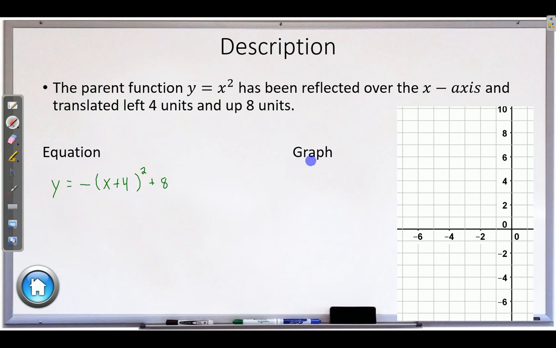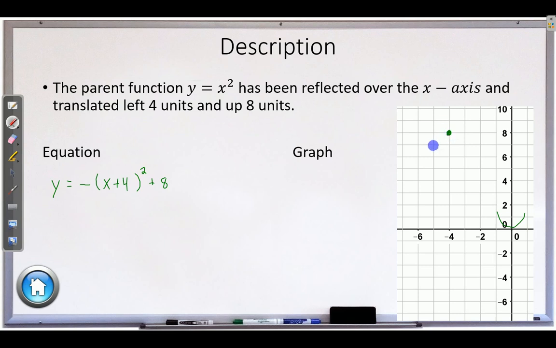All right, now time for the graph. Let's draw a quick sketch of that. So we are moving to the left 4 and then up 8. So right here is where the vertex is going to be. We were reflected over the x-axis, so the parabola, instead of going up, is now going to be going down. So instead of my points going up, they're going to go down.